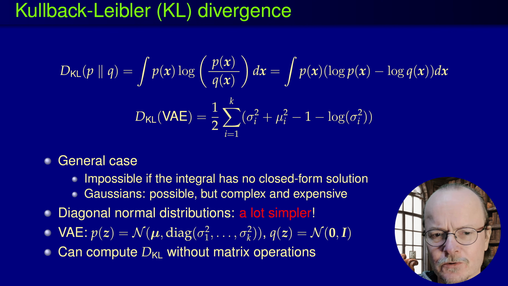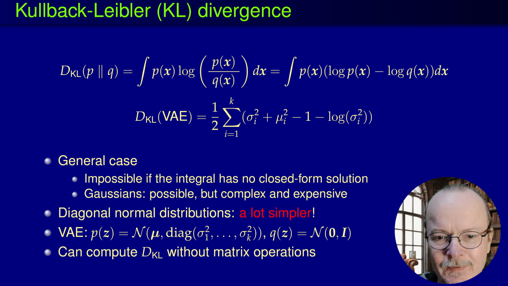Kullback-Leibler divergence is a statistical measure that quantifies the difference between two given probability distributions, here P and Q. As you can see, the formula for the general case involves calculating an integral.